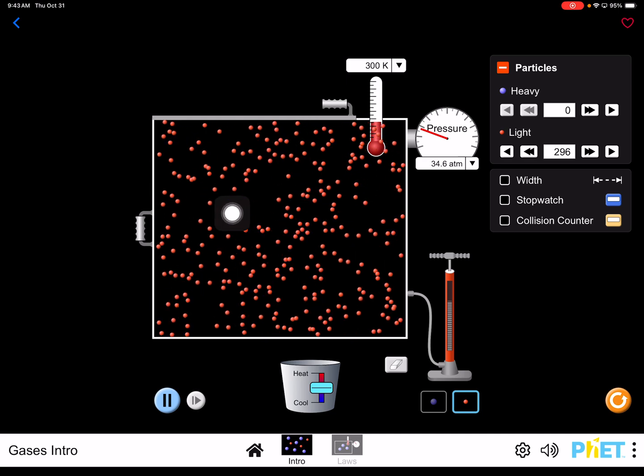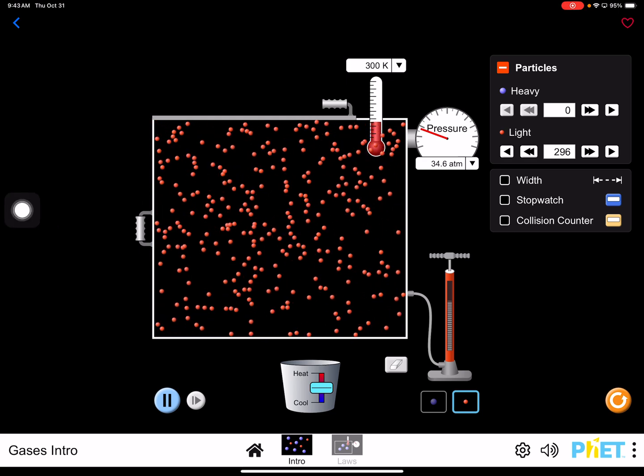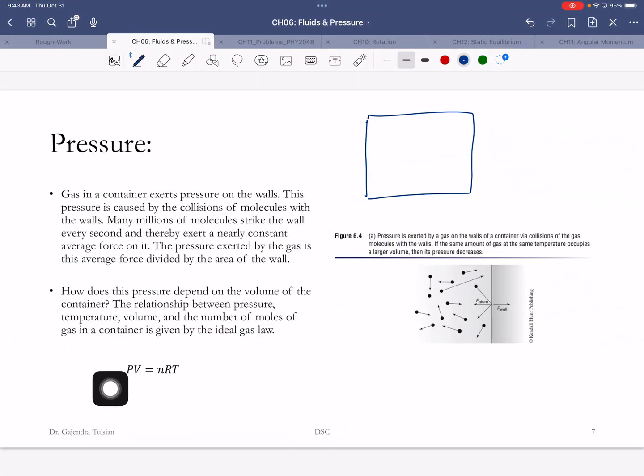N is the number of moles of gas. What this formula is telling you is that the pressure, volume, and temperature of the gas are related by that formula. No matter what you do, they'll always be related, and little n is the number of moles of gas, R is the gas constant.